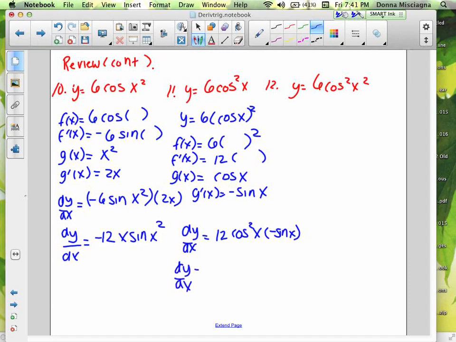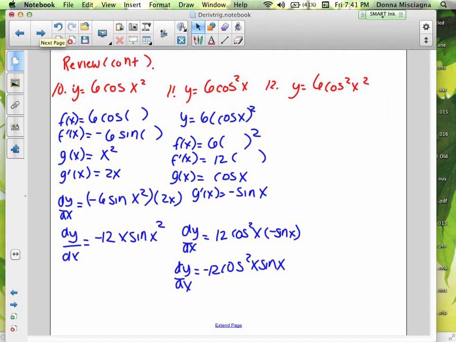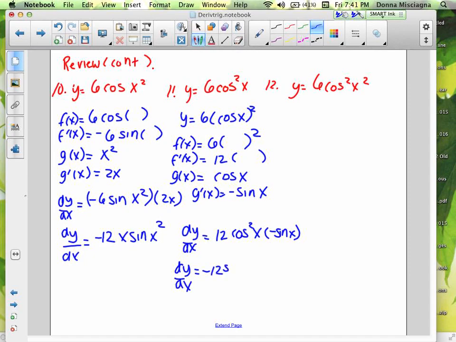Instead, make this negative 12 cosine squared x sine x. Or if you want, you can put the sine x first. It doesn't matter. Either way, it's okay. Sometimes I like to put the lower exponent first. We can make it negative 12 sine x cosine squared x. Same thing either way, though.